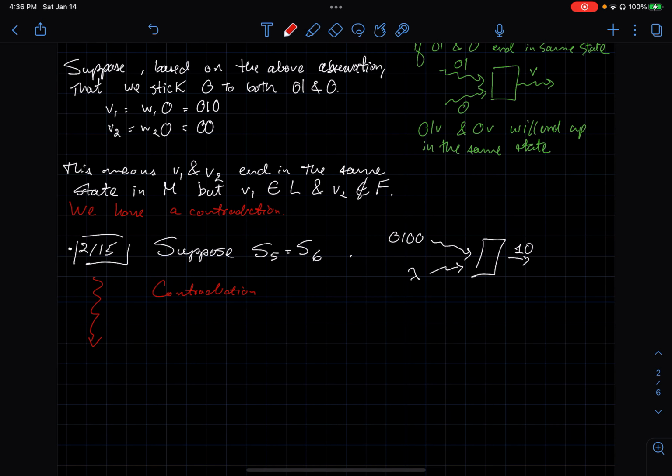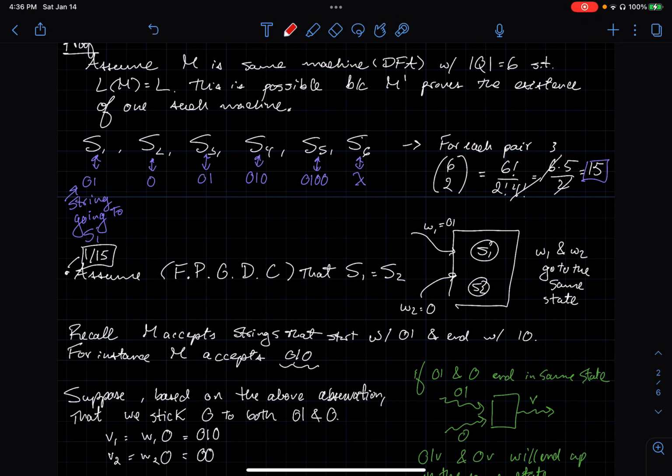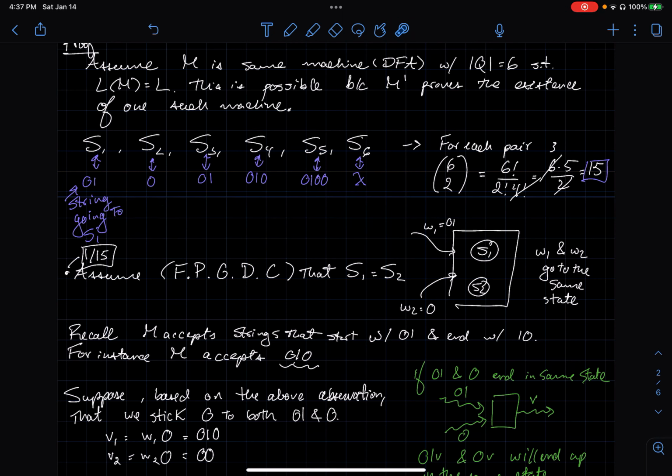And you can do this for each of the 15 pairs of states. Of course, you can find some quick tricks to reduce the search space, because you know that 0, 1, 0 is in L, and so it's accepted by the machine M. So if you pair this with any of the other strings, which are not in L and therefore are not accepted by M, then if you concatenate each of the pair of strings with lambda, you're going to get contradictions, because 0, 1, 0 lambda is 0, 1, 0.